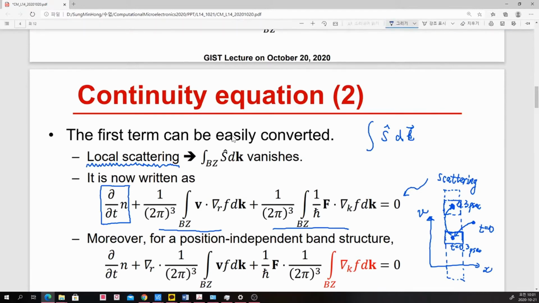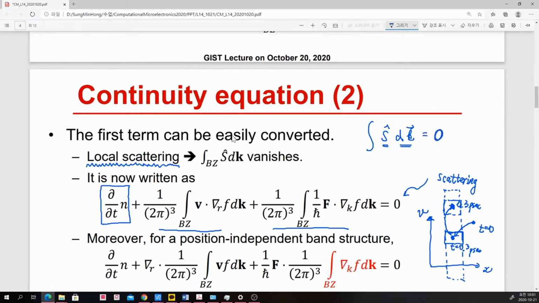So when we integrate our scattering over momentum space, that gives us exactly 0, because the number of electrons inside a given position should be preserved.